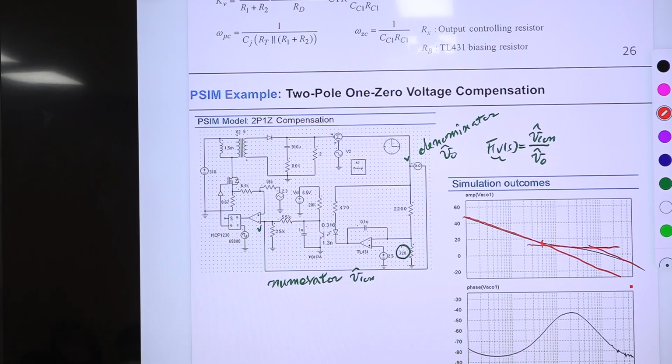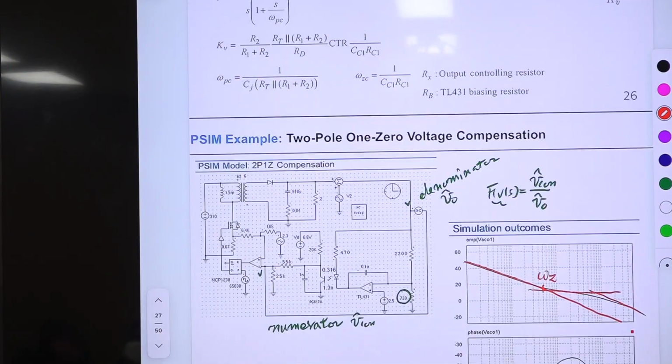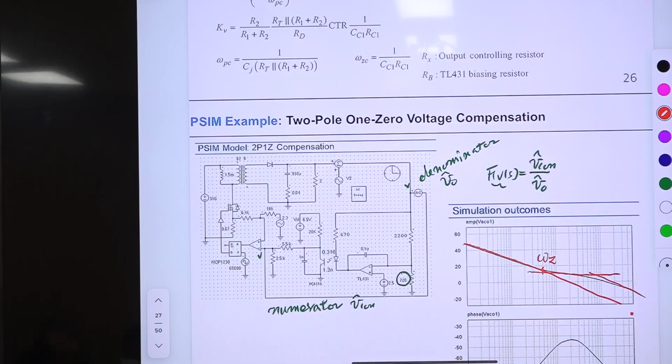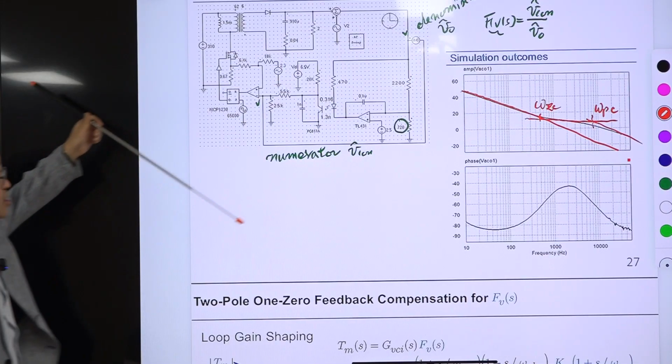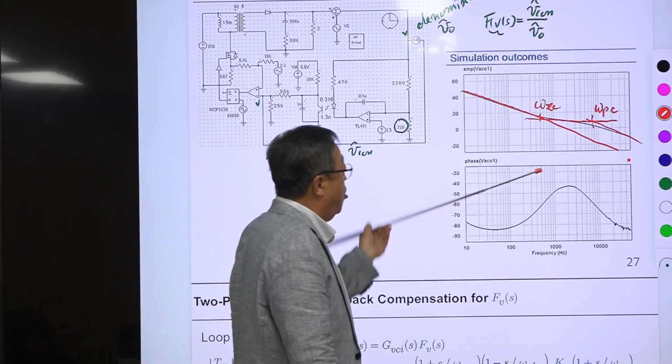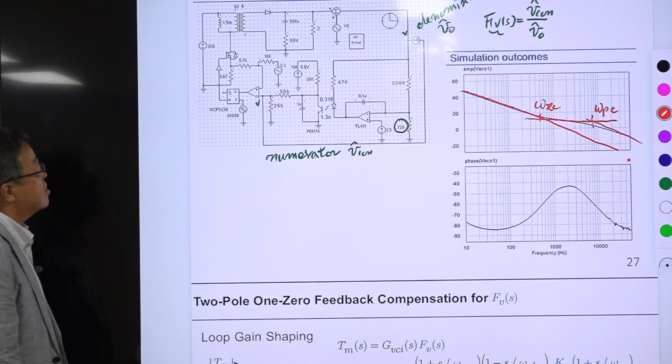This is omega GC, and this is omega PC. The phase is obvious: it comes from this minus 90 degrees, going up and going down. So this is a very convenient way of doing this.